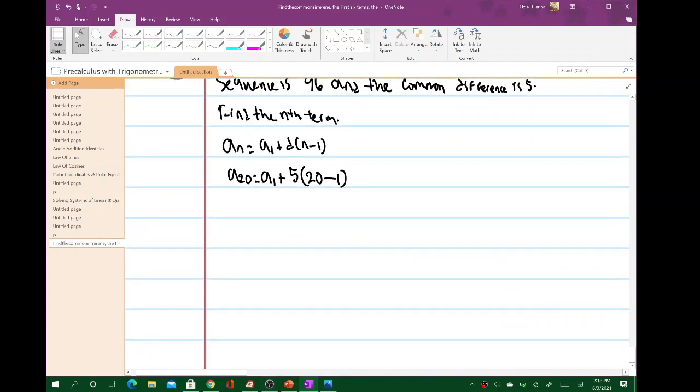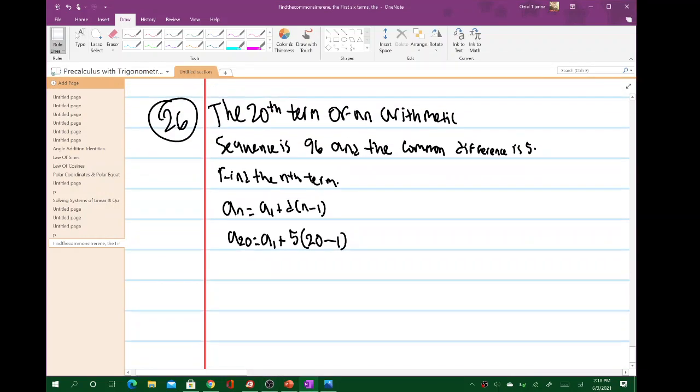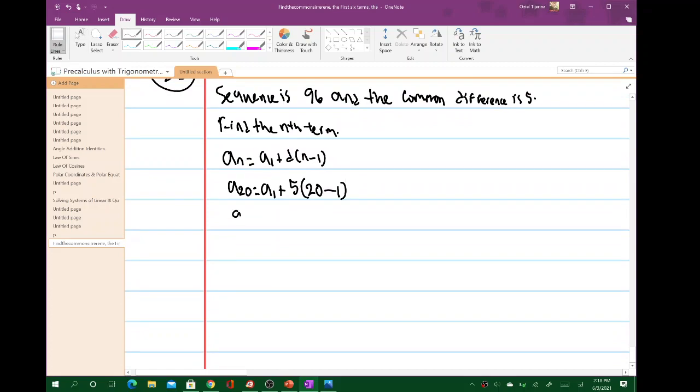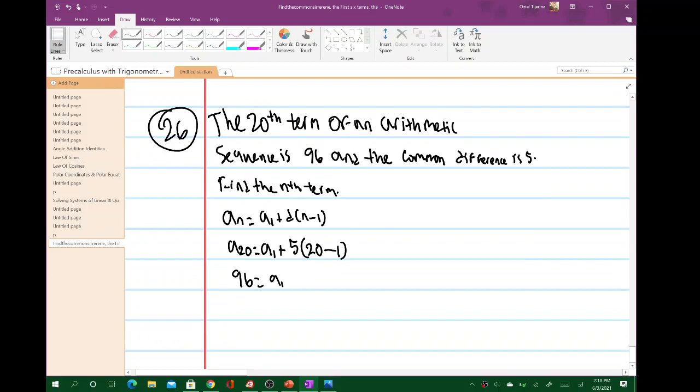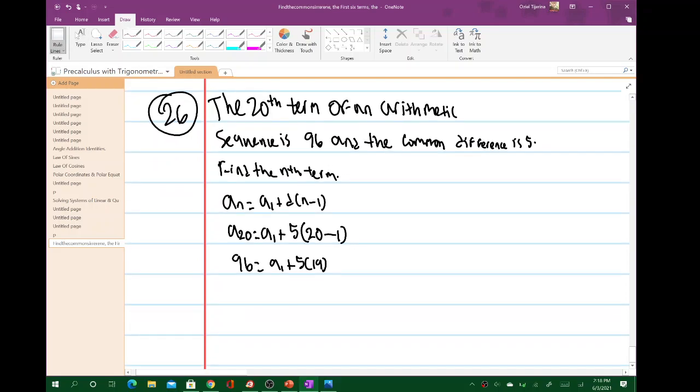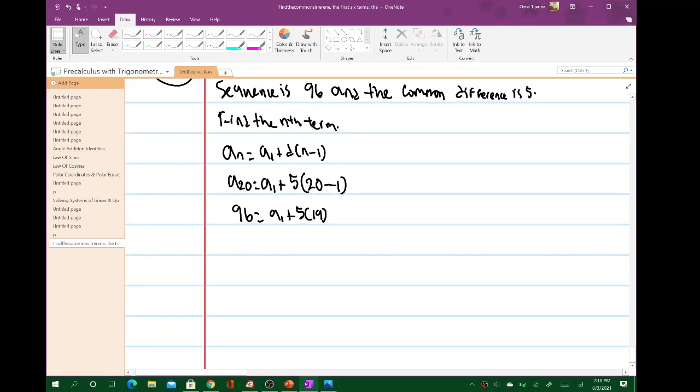So we know that a sub 20 is 96, so we put 96, and then it's going to be a sub 1 plus 5 times 19. So really this is just 96 equals a sub 1 plus 19 times 5, which is 95.